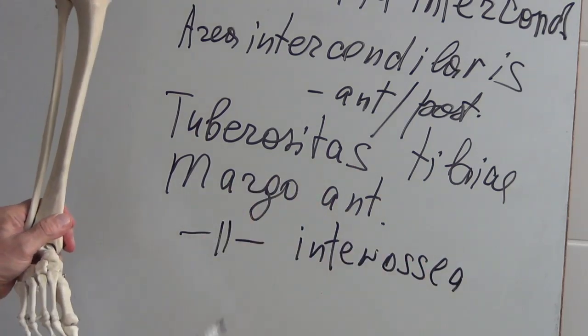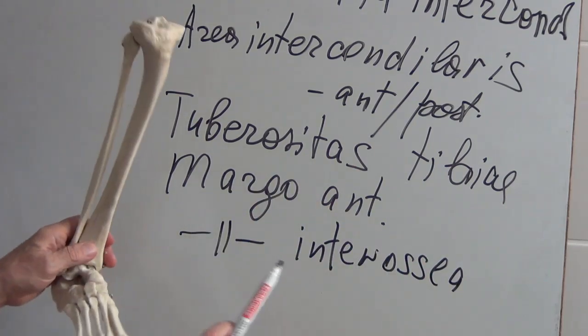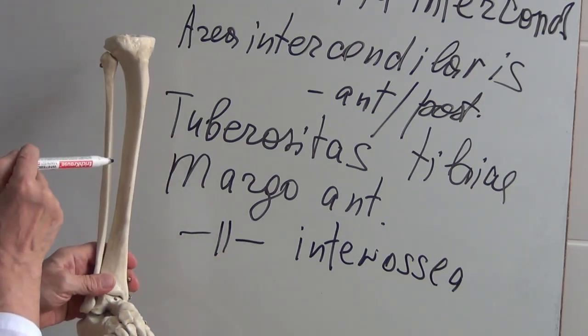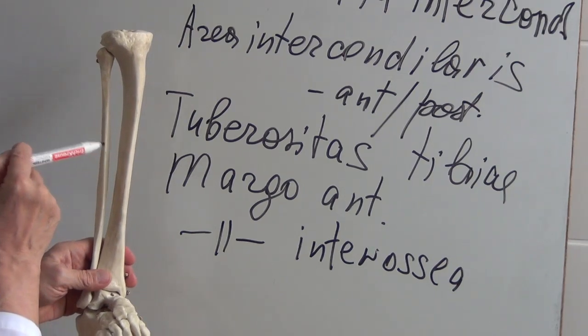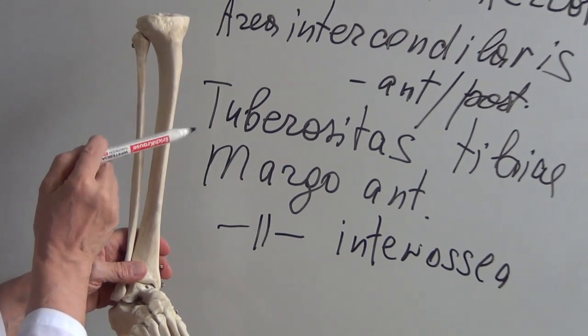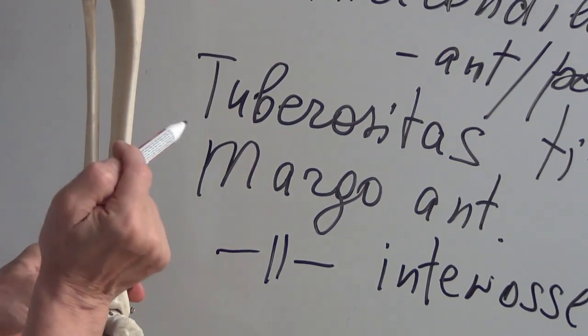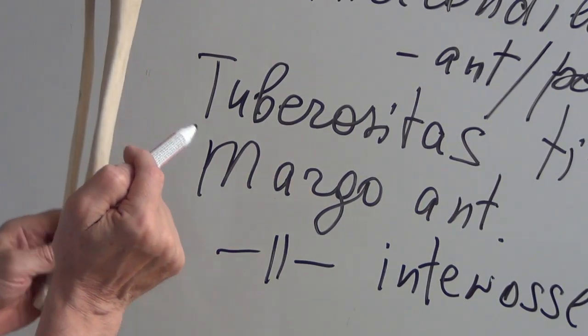The definition is clear. Why is it margo interossea? Because it is located between two bones, between tibia and fibula. So margo interossea.